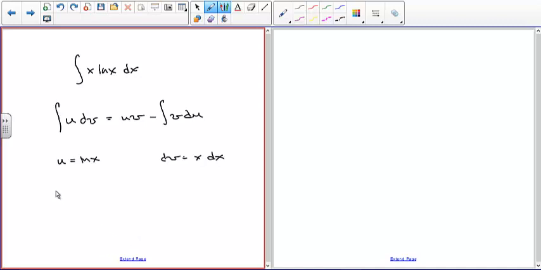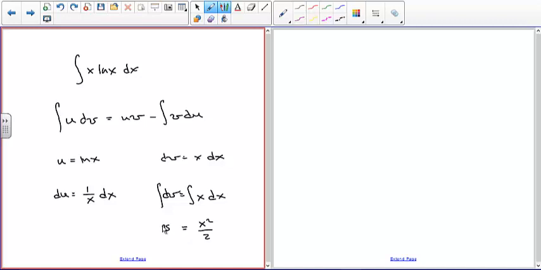So in my right-hand side, I need du, so I need to take the derivative of this thing, which is 1 over x dx. And here I need to integrate it, so the integral of dv is the integral of x dx. And the integral of x dx is x squared over 2.